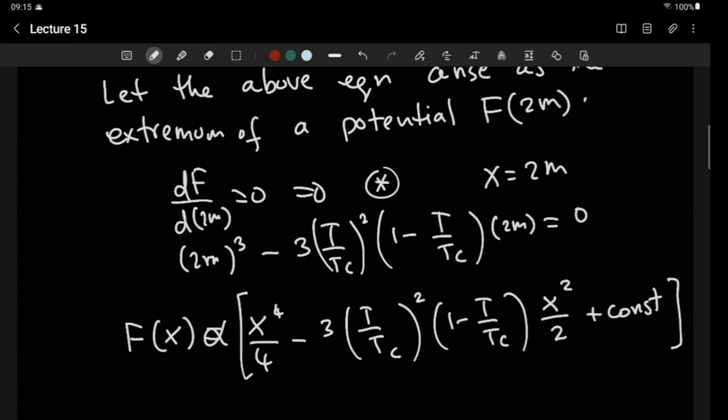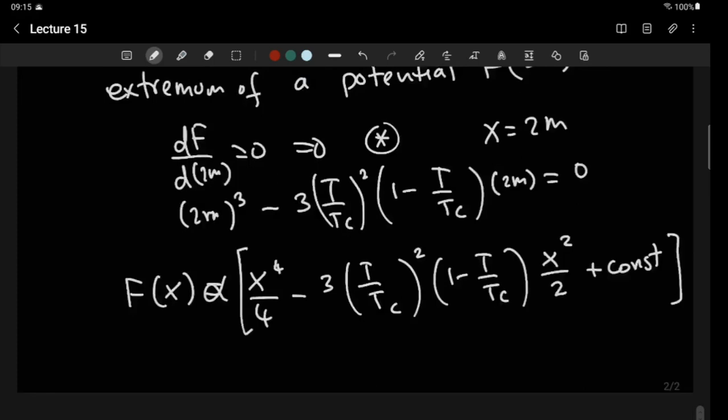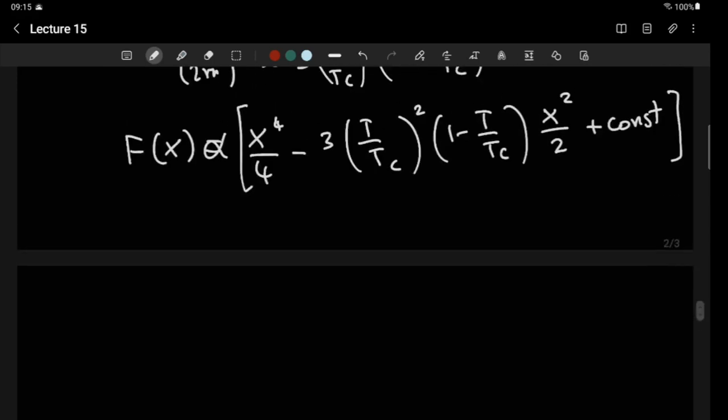Now we can rewrite this object. I have the freedom in writing this constant. So I will write it in a particular way. I will write that as x square minus, and I'll put a 1 by 4 here. So that will be 12 here, so I'll get 6.